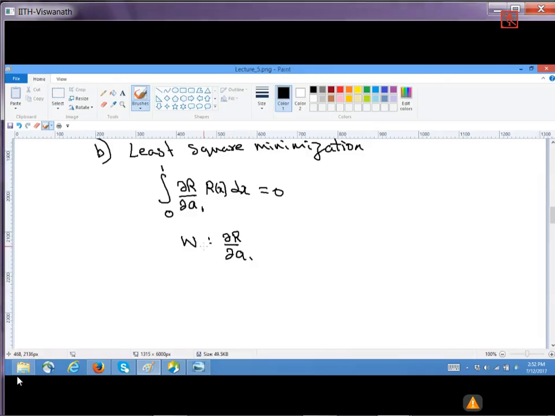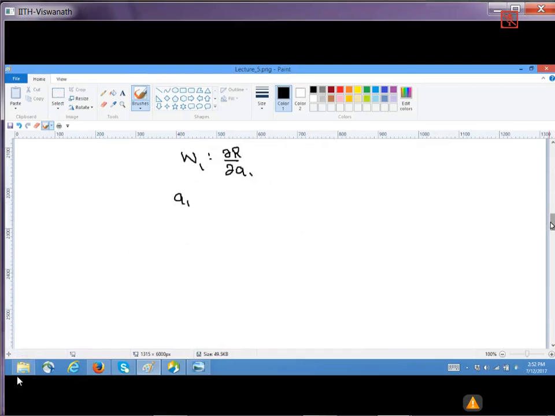You can always write it as 2w1. This is our definition of weight, and then based on this integral we determine what is our a1. Once that is done, then we put back our a in the above expression.